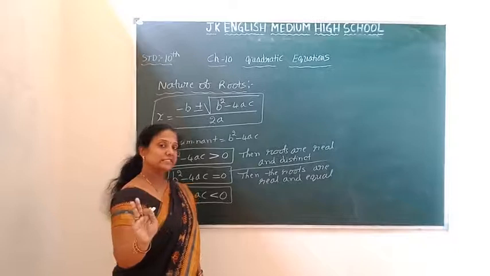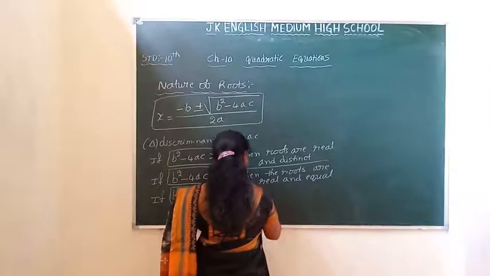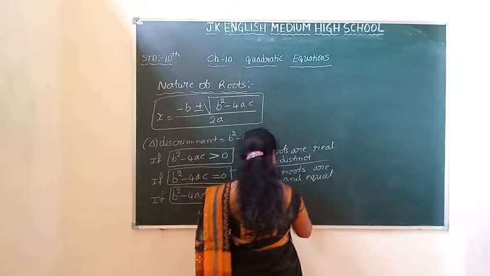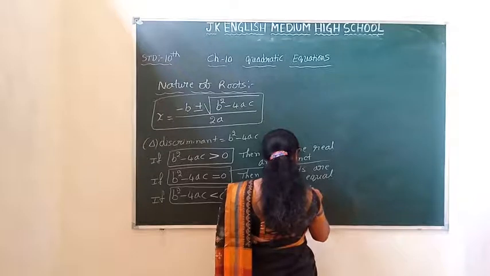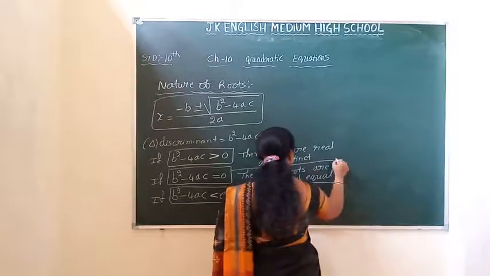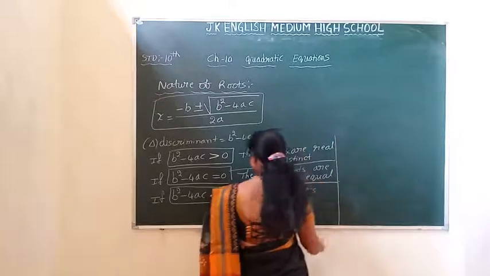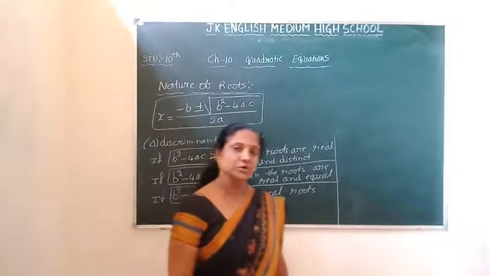Real roots will not exist. Okay? No real roots. So these are the conditions you have to remember to find out which type of roots you are going to get.